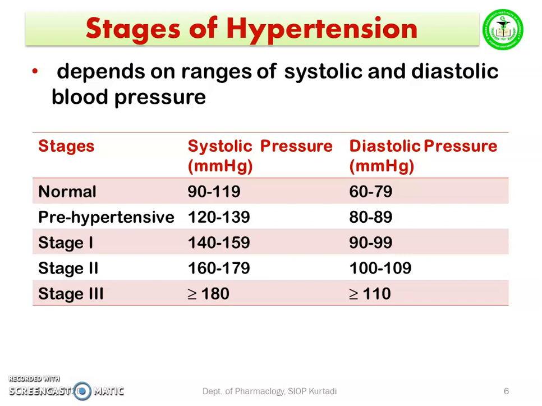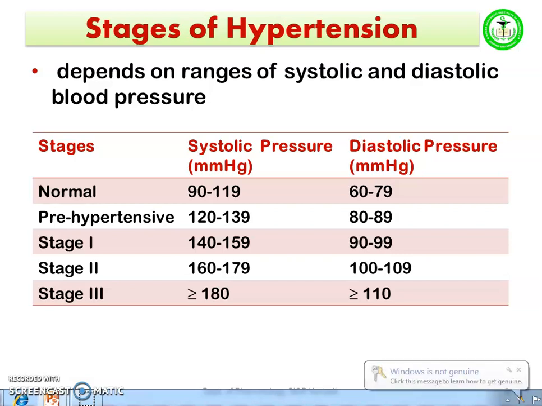Now we are understanding what are the different stages of hypertension. Depending upon the range of systolic and diastolic blood pressure, the hypertension stages are as follows.